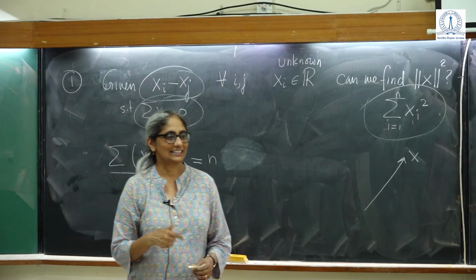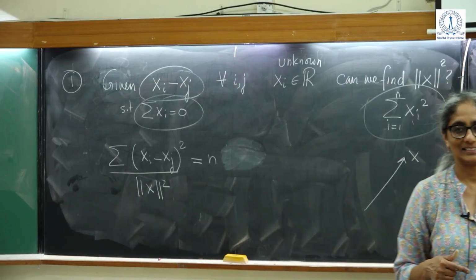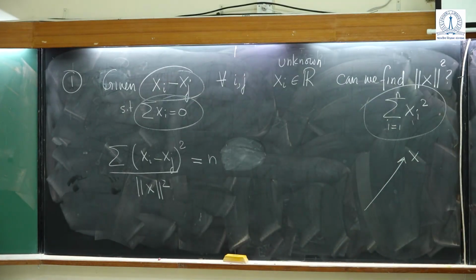Why is that? If we consider x transpose L_(i minus j), do you recognize it? It's actually just a one-line answer. With the Laplacian of Kn, if we consider only that, L_(i minus j) of x, then we get n times the norm of x squared.